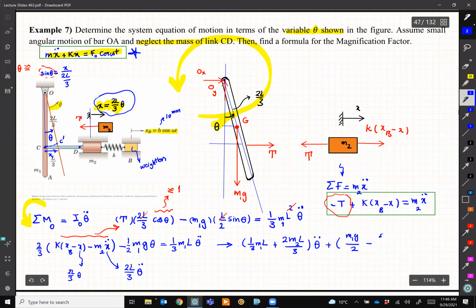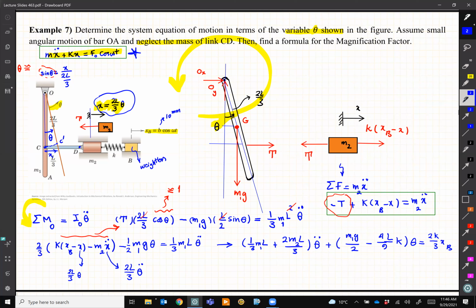So it's going to be 4/9 L, all of that theta is equal to 2k/3 xb. Please check these things later, make sure that I didn't make mistakes somewhere.